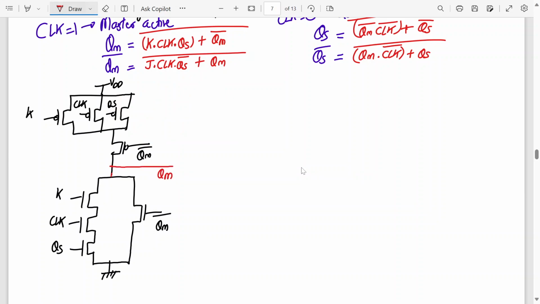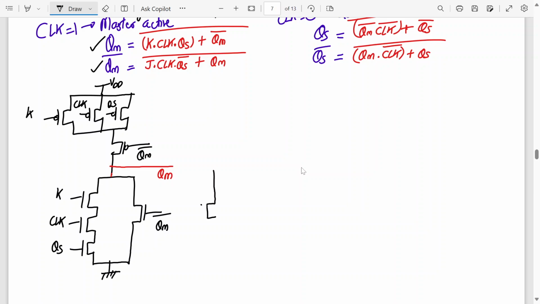Yeah, that's right. Now similarly, on the same lines, I will draw QM bar. This was QM, right? I will draw QM bar over here only. It is an exact replica of the same circuit, but we have to take care of transistor orientation because we have to connect them together there. Now let me draw it. Here, instead of three transistors in parallel, I'll change the orientation.